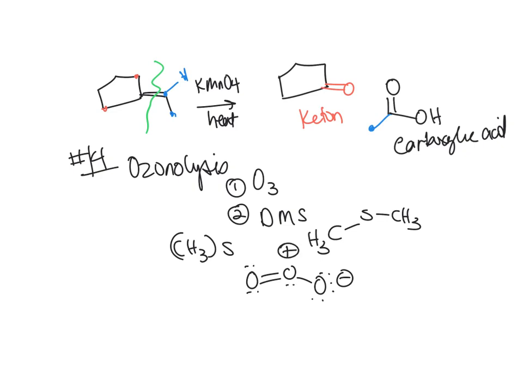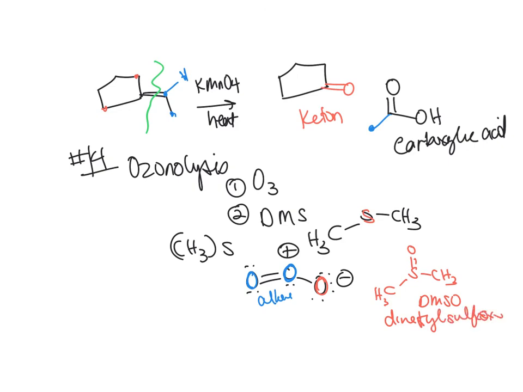So this is the Lewis structure for ozone, O3, and what's going to happen is you're going to deliver 2 of these oxygens to the carbon-carbon double bond, the alkene. And then the other oxygen is going to go to the sulfur, and this makes a compound which is a solvent, DMSO, dimethyl sulfoxide.